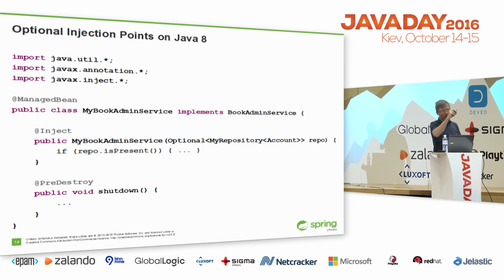You can say @Autowired required=false, or you can say java.util.Optional per parameter. Both of them imply optionality. The container is going to say, it's okay, I couldn't find it, but you asked me to pass it in. You basically said you don't have to have it, so I'm going to pass either null in the @Autowired required=false case, or Optional.empty in if you declare java.util.Optional.